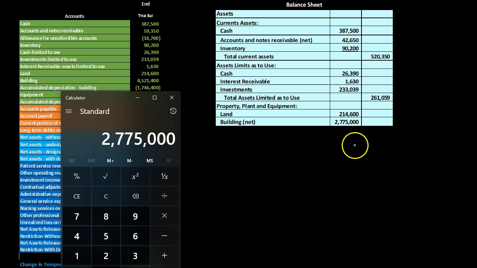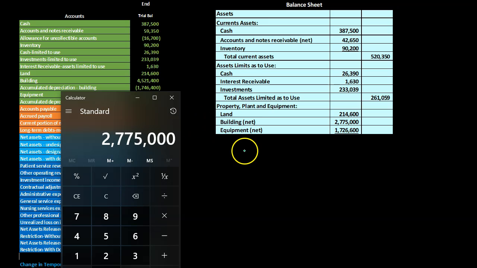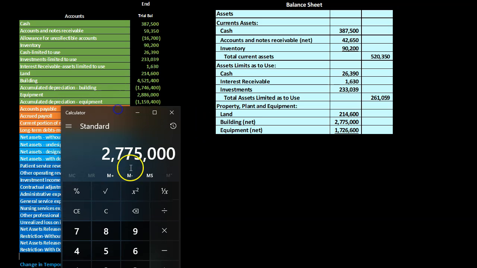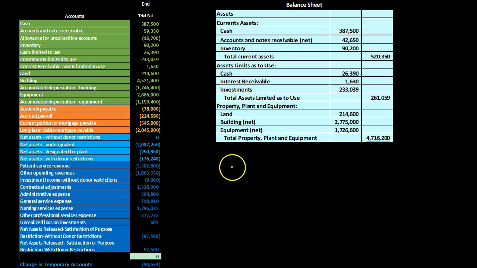That gives us the net value, 2,775,000. Then we have the equipment, same kind of concept, where we will be taking the 2,886,000 minus the 1,159,400, giving the net value of 1,726,600. Then we're going to have the total property, plant, and equipment, just simply summing up these three numbers to give us the total property, plant, and equipment of 4,716,200.